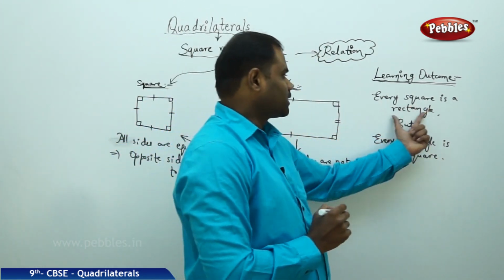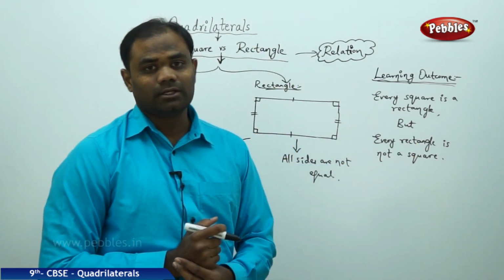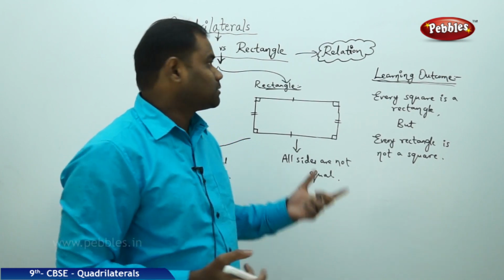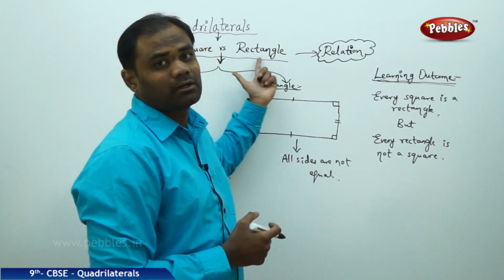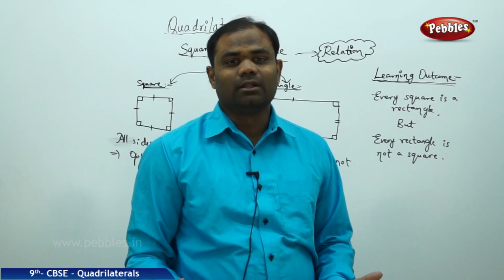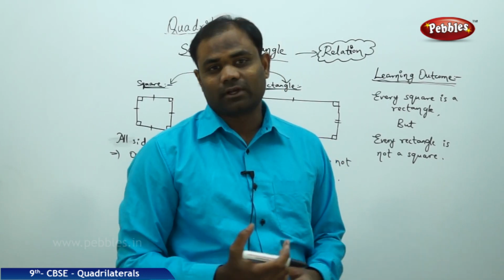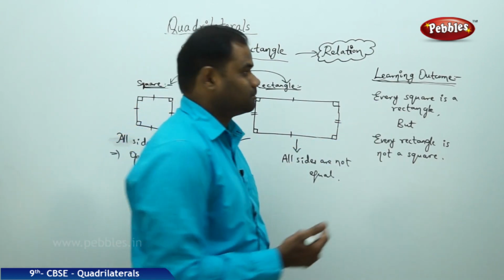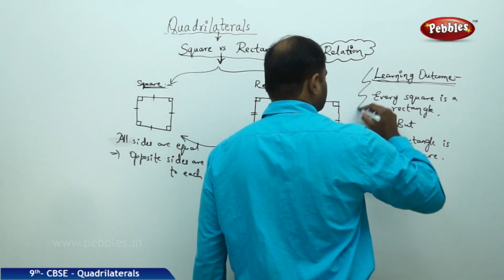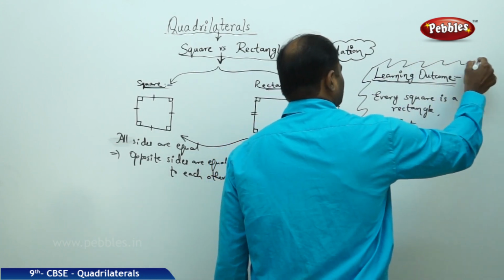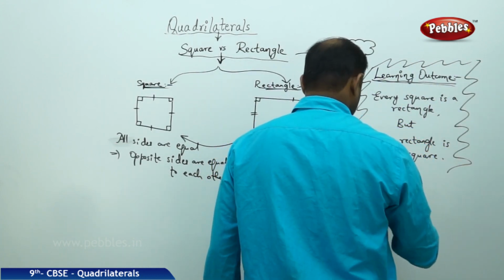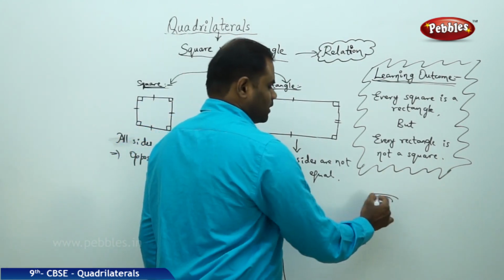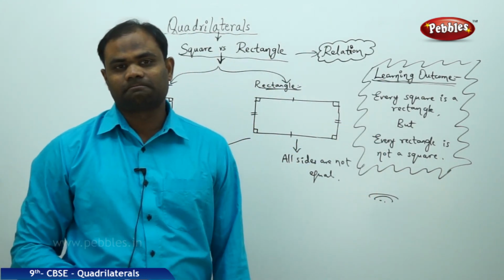Every square is a rectangle, but every rectangle is not a square, is the learning outcome, which makes me connect between understanding of a square and understanding of a rectangle as the special cases of a quadrilateral. Connecting square and rectangle. This is how I connect a square and a rectangle.